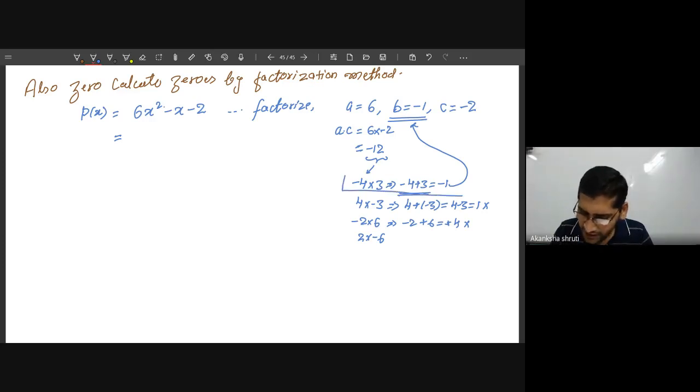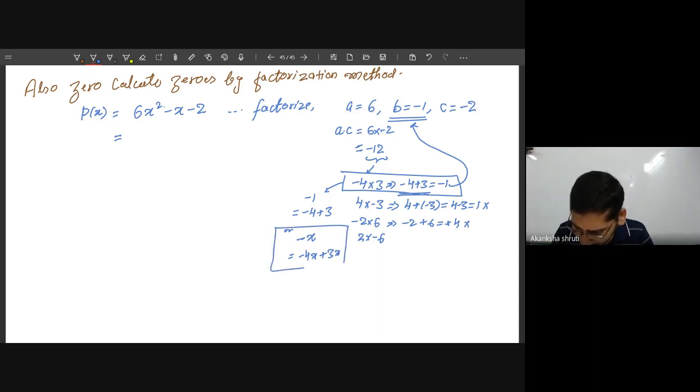So considering this, I will go for factorization. It means I can replace minus 1 by minus 4 plus 3, or this minus x by minus 4x plus 3x. Okay, students?